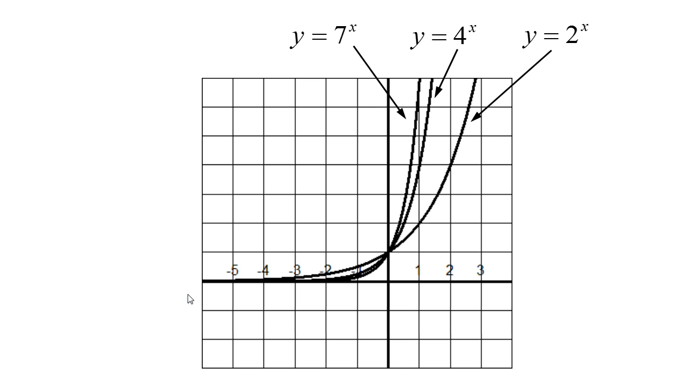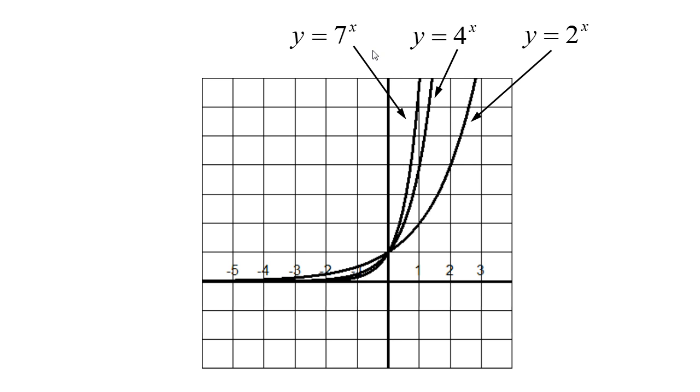You'll also notice that I can put any number I want in here for x, so the domain is all real numbers, but the range, what comes out, is going to be a positive number. I don't have any values down here. So not only do they rise from left to right and go through the point 0, 1, they're continuous.